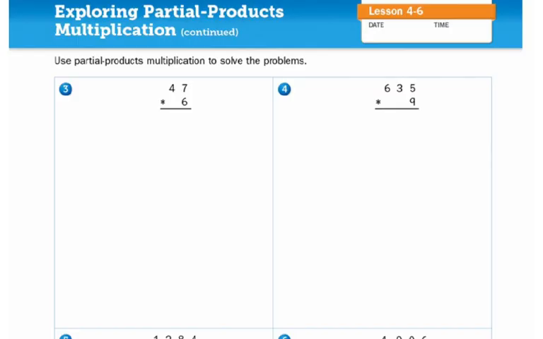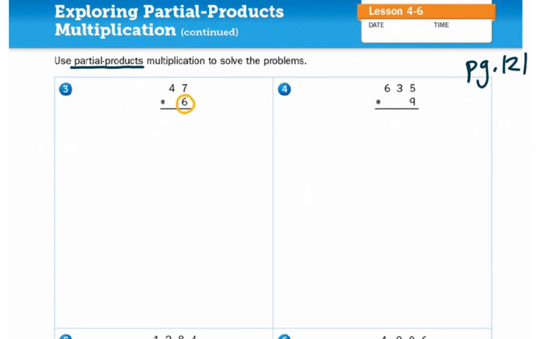So we're going to move on to our next journal page. On page 121, this time it's asking us just to use the partial products. So you're going to have to think about the value of each number in its place value.